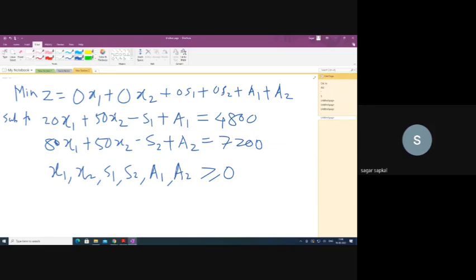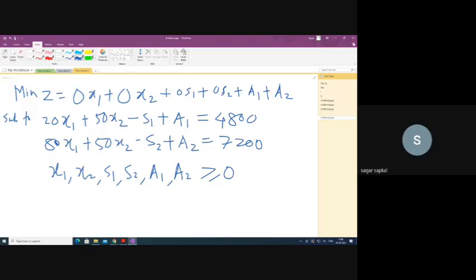So we are not considering the original problem. We are changing the objective function. We are considering the decision variable and surplus and slack variable coefficients as 0 and artificial variable coefficient as 1 in the objective function, and we are writing the constraints in a similar manner as we have written them previously.